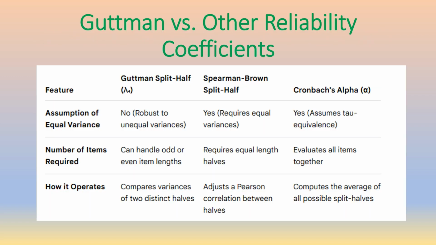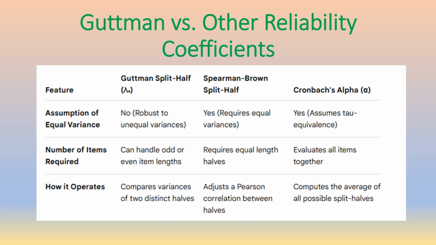Guttman versus other reliability coefficients. Feature: assumption of equal variance. No assumption of equal variance is required in the Guttman split half test. Number of items required: can handle odd or even item lengths.